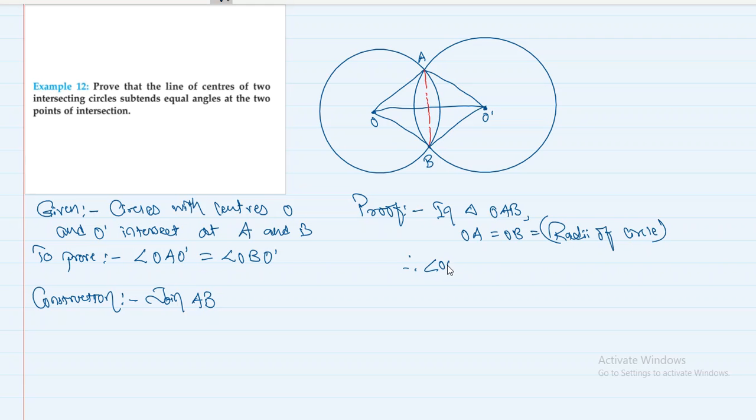Therefore, angle OAB is equal to angle OBA, angles opposite to equal sides. Okay? So this angle is equal to this angle. So therefore angle OAB is equal to angle OBA is equal to x.